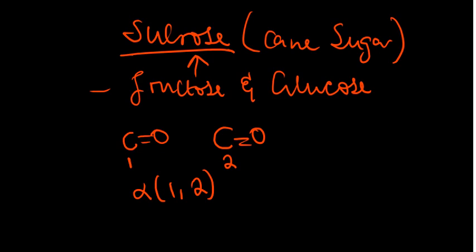Okay, because this is where these two sugars are interlinking. So this is to tell you that the alpha glucose is going to bond with the beta fructose, all right, in order to form this bond.